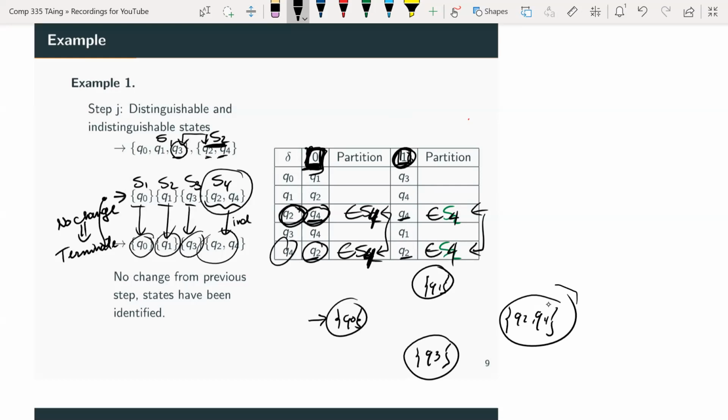That single final state is going to be this guy. If, for instance, Q2 was maybe here, then these two states would be final states, so this guy would also be a double circle. But here, as I just said, there is only one state that contains final states from the initial DFA, and that's the partition Q2, Q4.